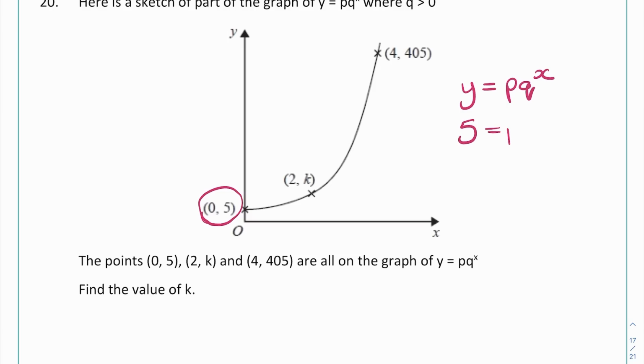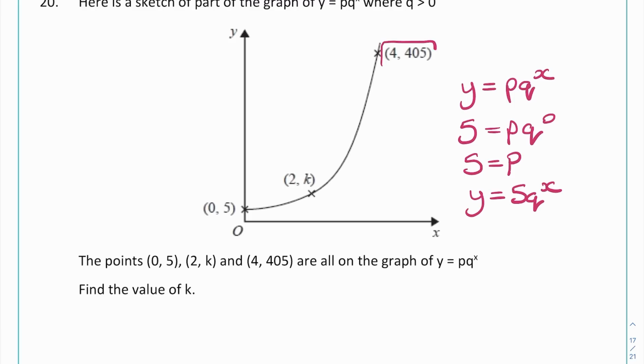So 5 is equal to p times q to the power of 0, and the x coordinate is 0. Anything to the power of 0 is 1. So that's 5 is equal to p, or p times 1. So straight away we found the value of p. So actually our equation for this is y is equal to 5q to the power of x. And that obviously starts this question off. So we're done with that coordinate.